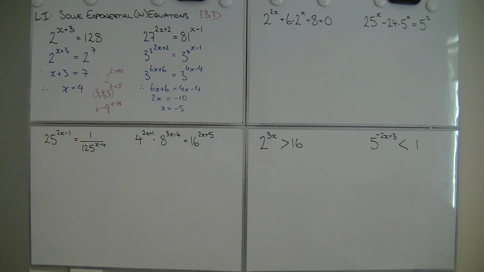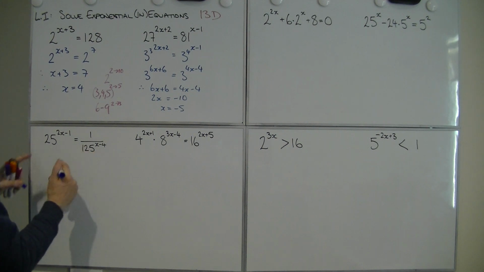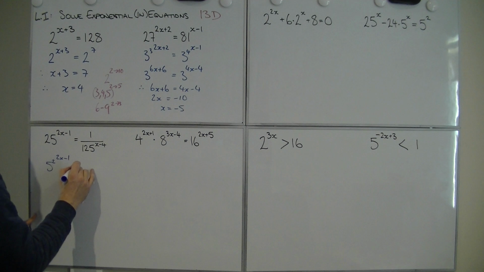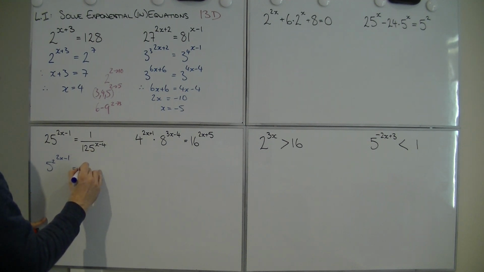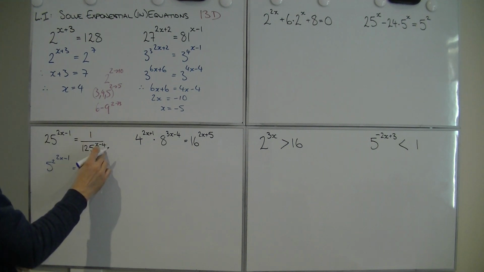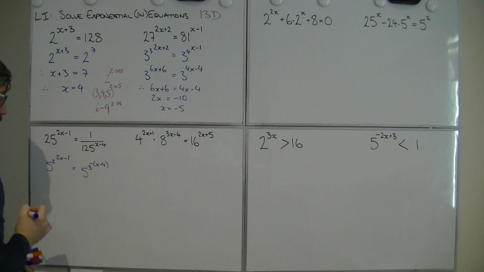Okay, well, slightly more complications now. Now we've got fractions moving around. But hang on, fractions are just negative powers. Okay, so 25 and 125. They're both base 5, so 5 squared to the 2x minus 1. And this is 5 to the 3, to this thing, but that whole thing's a negative power. So I'm going to make it negative x minus 4.